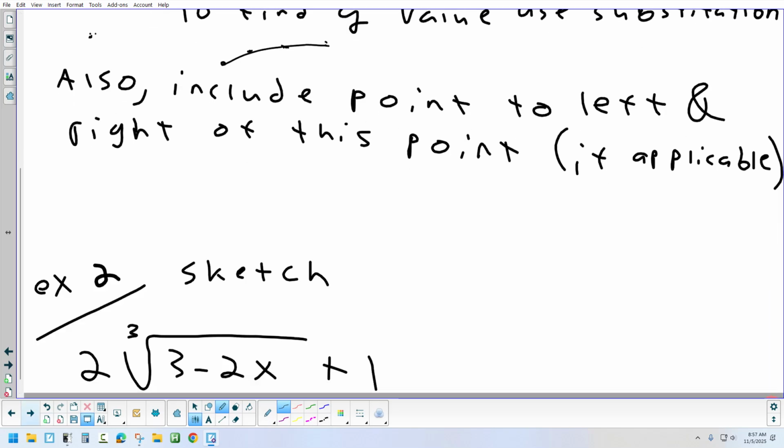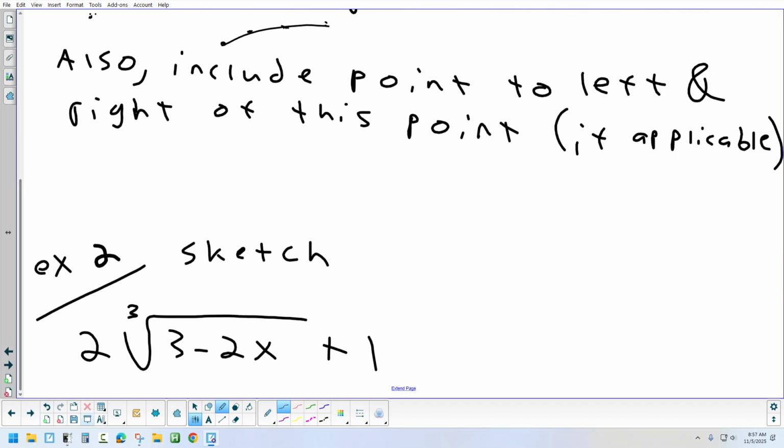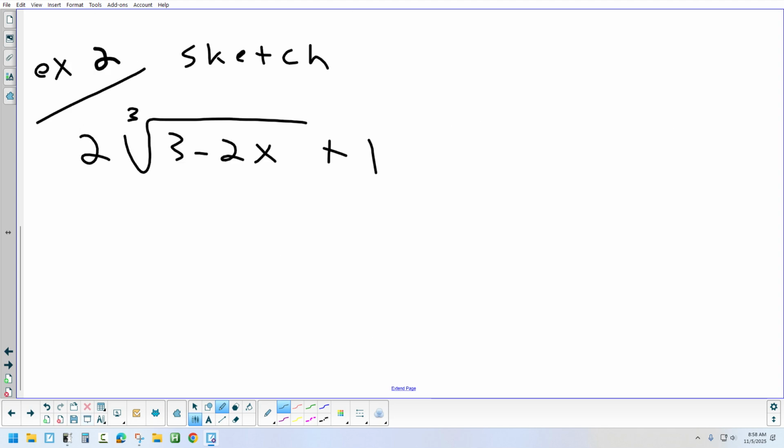All right, so let's try this one. So it's 2 times the cube root of 3 minus 2x, plus 1. They didn't ask for this here, but if they did ask for how many transformations there are, just kind of review from yesterday, how many transformations are happening there? 4.